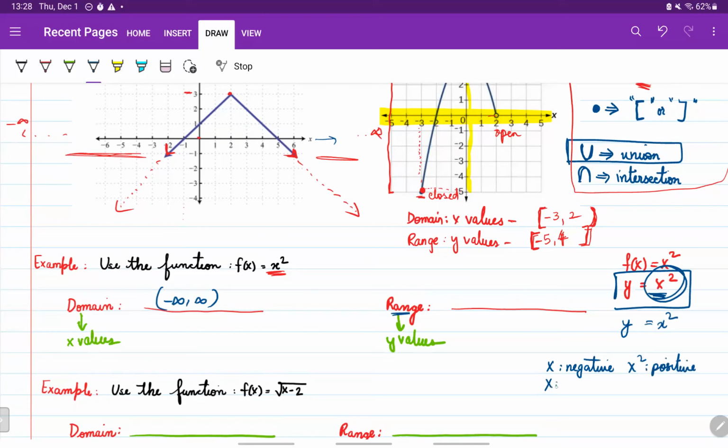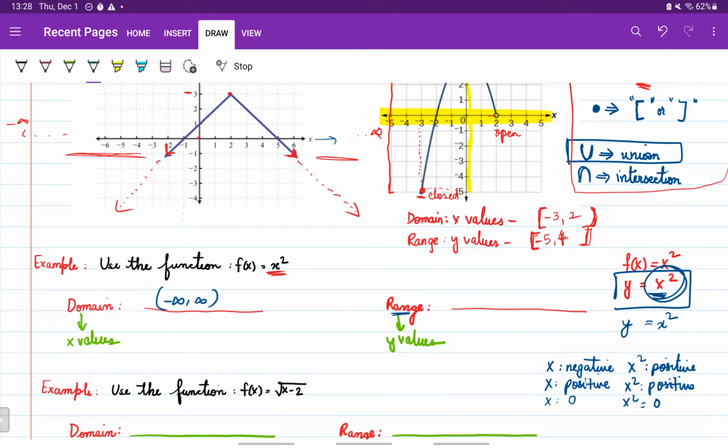If x is positive, x squared is also positive. If x is 0, x squared is 0. So no matter what number it is, a number squared is always non-negative.